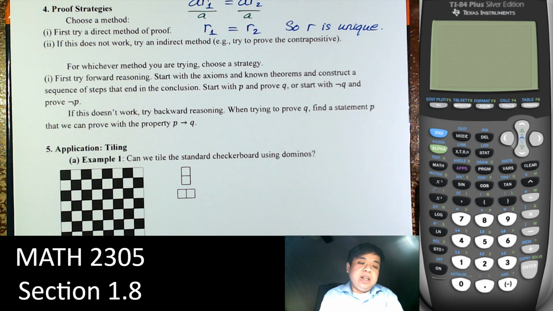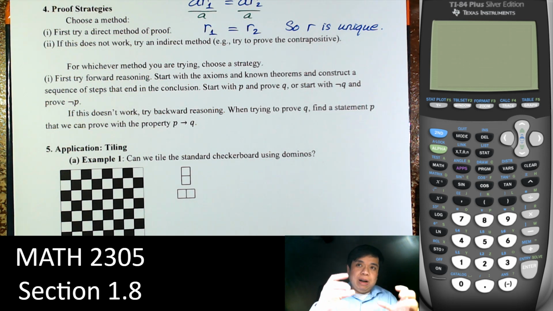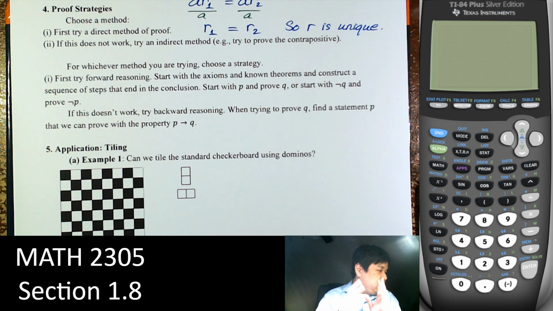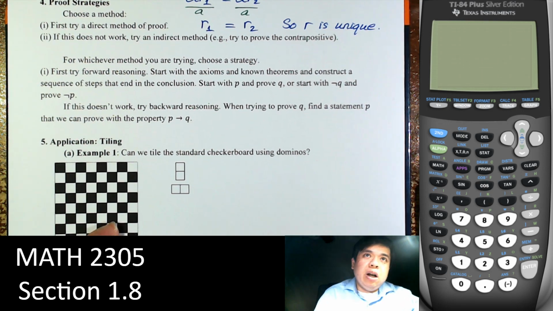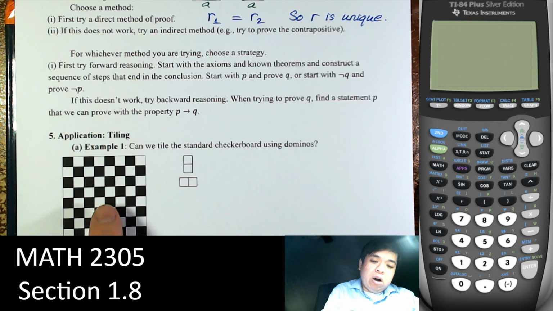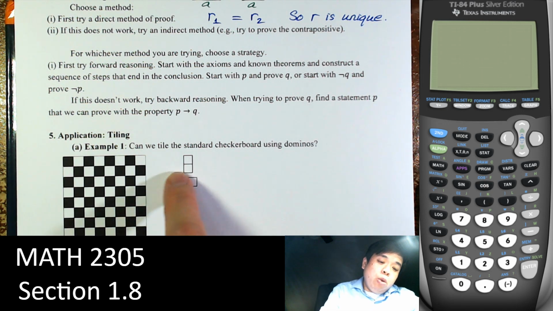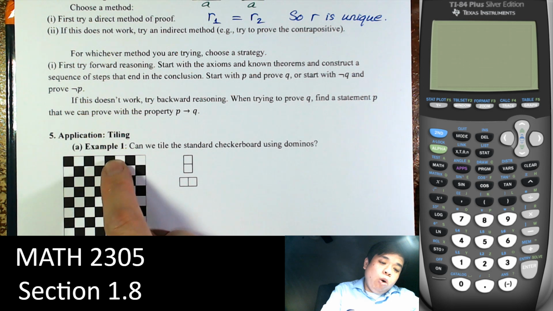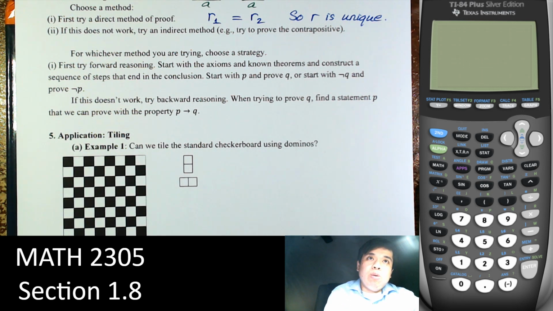This is an application in tiling, meaning that we try to make it like a Tetris game, try to fill something with a certain pattern. The question is, if we have a chessboard like this, or I call it a checkerboard, can you put dominoes on it so they will cover the whole board?